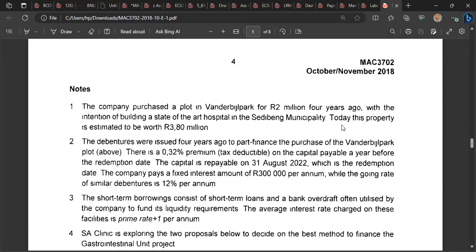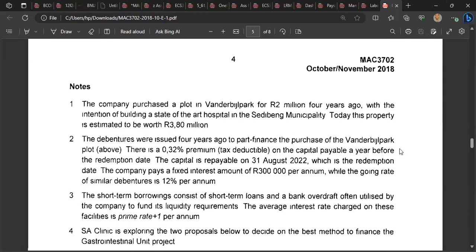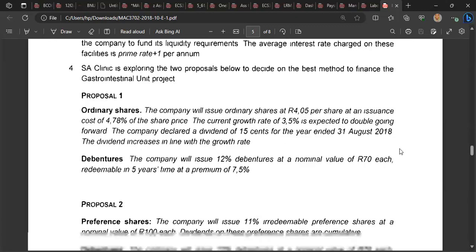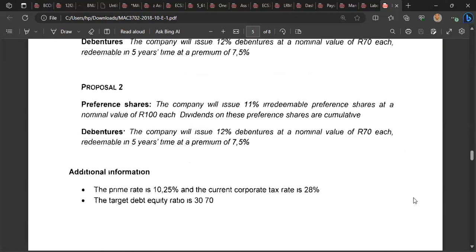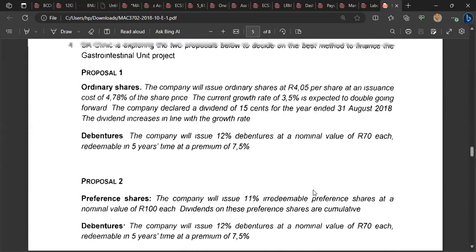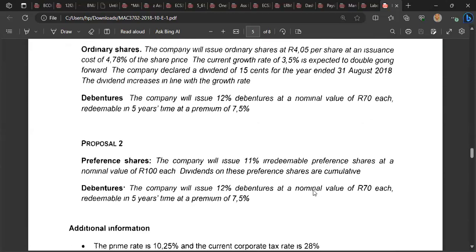All right, so let's do the calculation and see. Our tax rate, I believe, is 28%. We will normally get it now as 27% after the change. So currently we are in August 2018, and we want to see how many years from now.